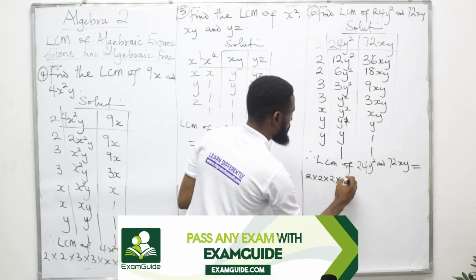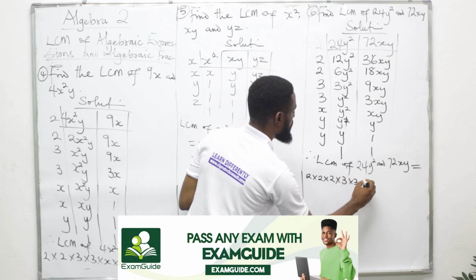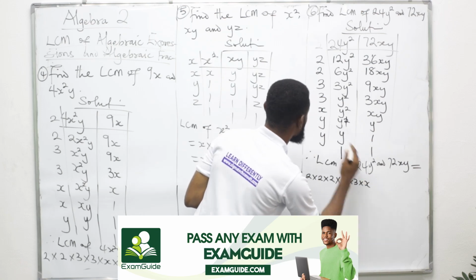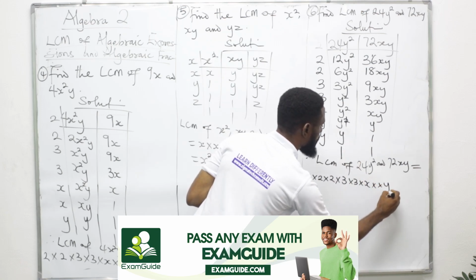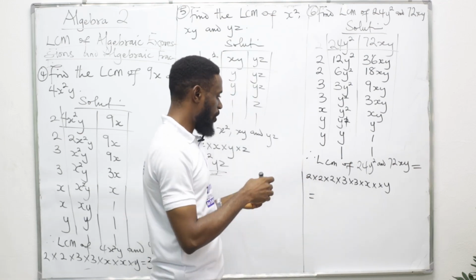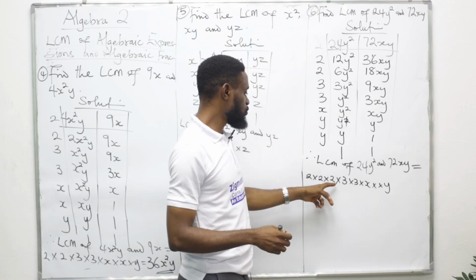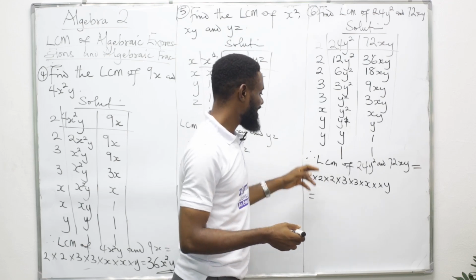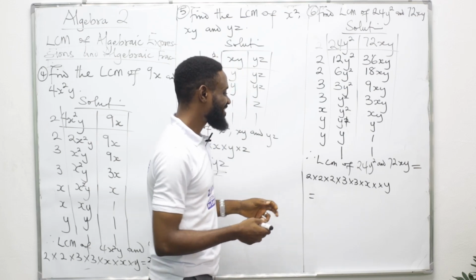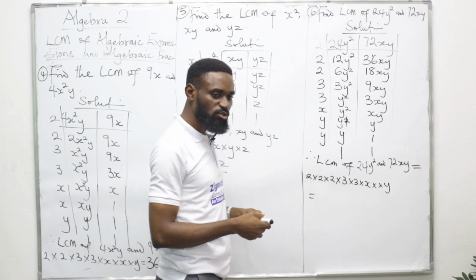So times 3 times 3 times 1, 2, 3, 1, 2 times x times y times y. So let's see what that is now. So 2 times 2 is 4. 4 times 2 is 8. 8 times 3 is 24. 24 times 3 is 72.